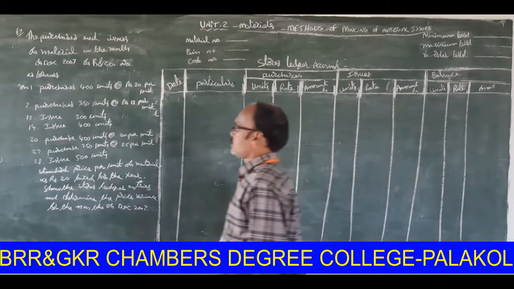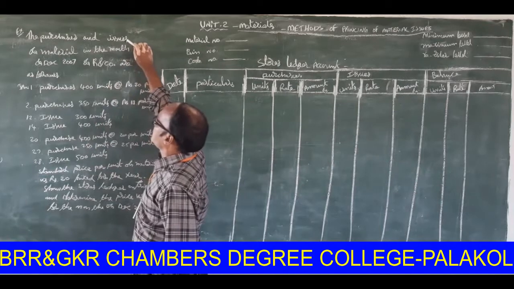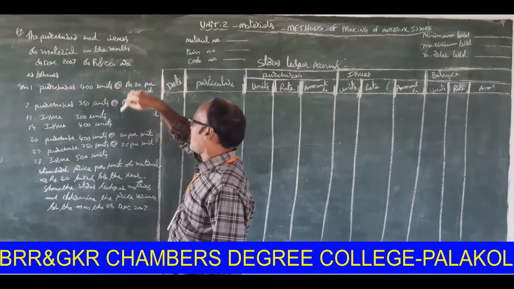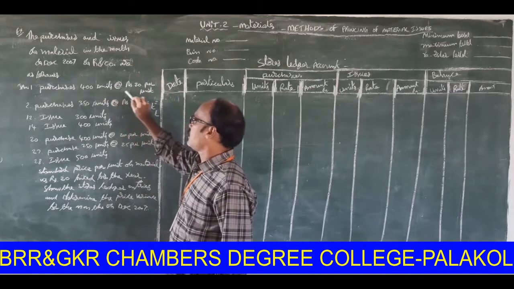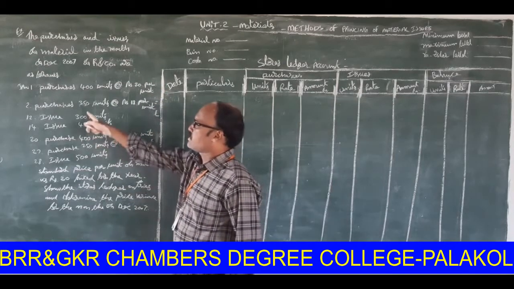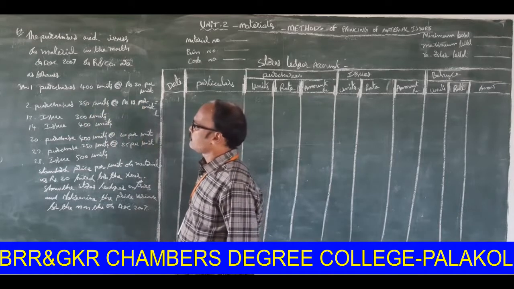Okay, look at the problem. Example: the purchases and issues of materials in the month of December 2007 of R and Co are as follows. January 1st purchases 400 units at the rate of rupees 20 per unit. January 2nd purchases 350 units, rupees 18 per unit.